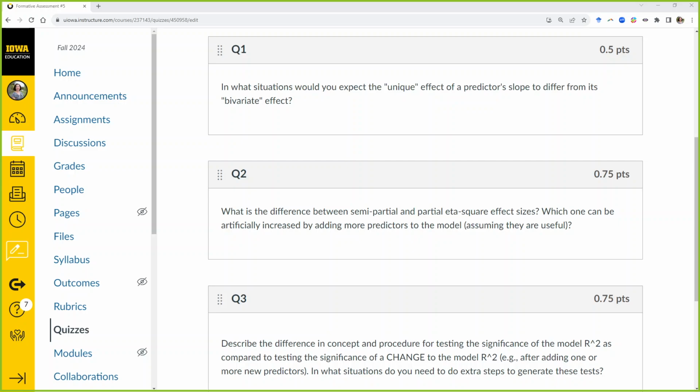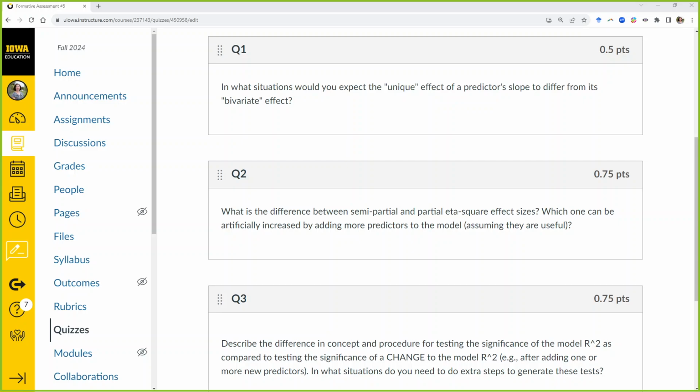That was one of the ones that we noted across people's responses: when predictors are correlated, the unique and bivariate effects are going to differ, right? Because the unique effect is looking at, after we control for other predictors in the model, how much this variable is actually contributing to our understanding of the outcome, right? And the bivariate effect is not taking that into account, right?